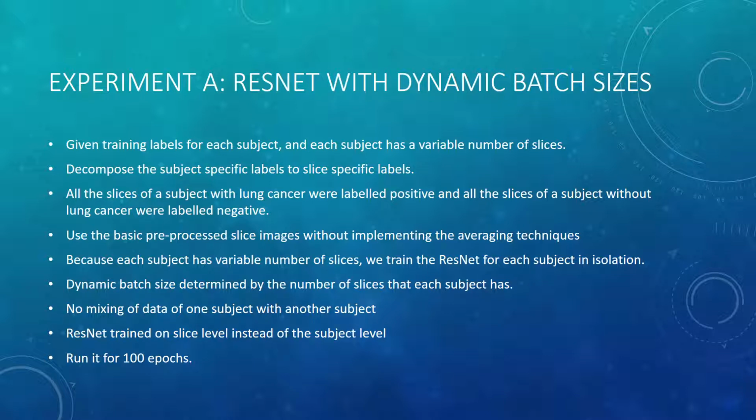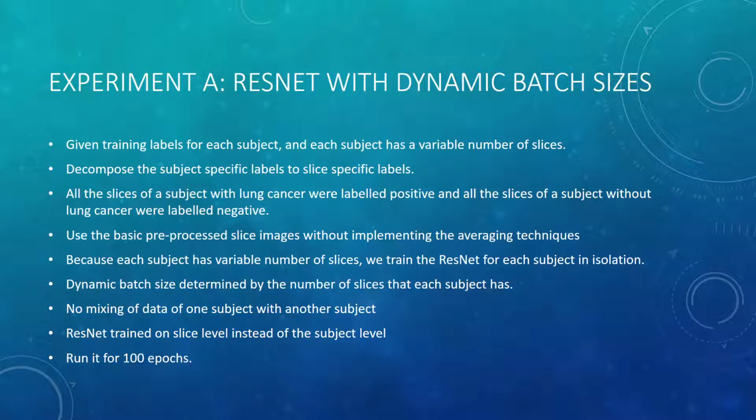The issue with this is that each subject has a variable number of slices, and what we ideally want is labels for each slice. So for this experiment, we decompose all these subject level labels to slice level labels. We do this by assigning all the slices of a subject with label 1 as 1, and all the slices of a subject with label 0 as 0.